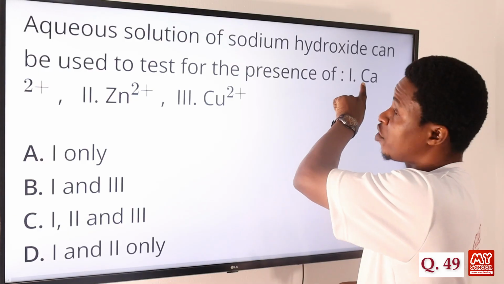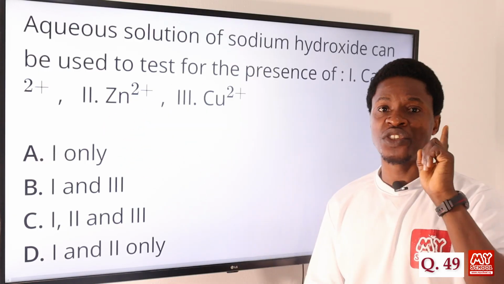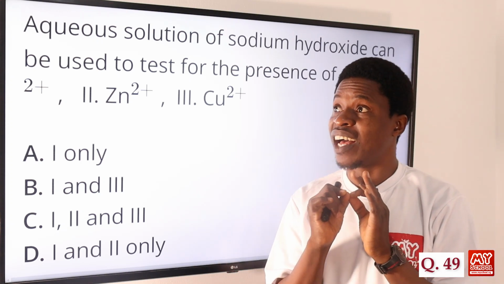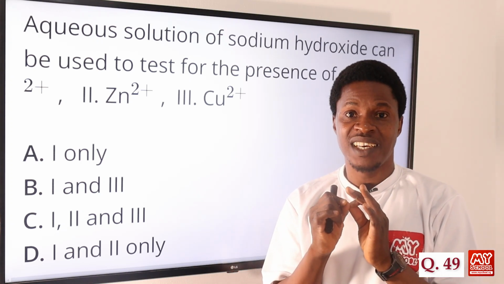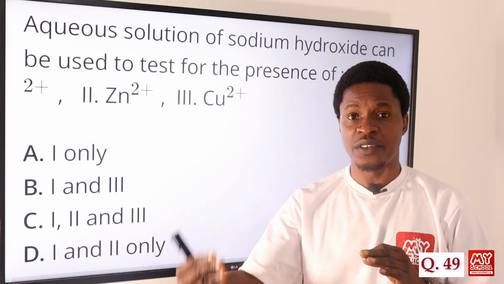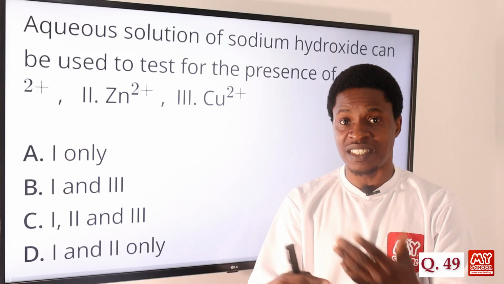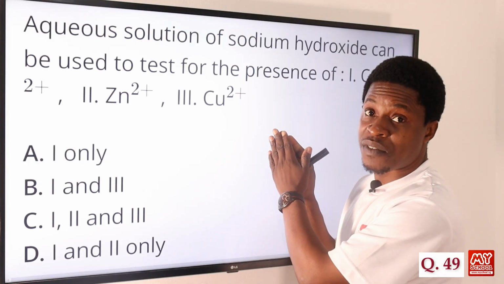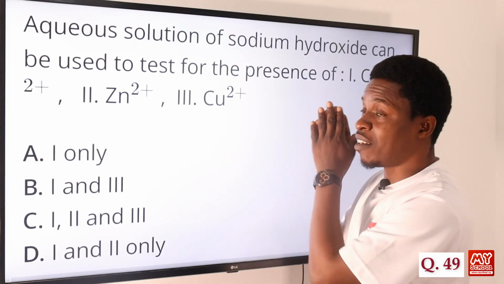Now for calcium ion, if you react it with sodium hydroxide in drops first, remember in your qualitative analysis, where we talk about identification of ions, your anion and cation in practical chemistry, we talk about the test, the observation, and then the inference you draw.